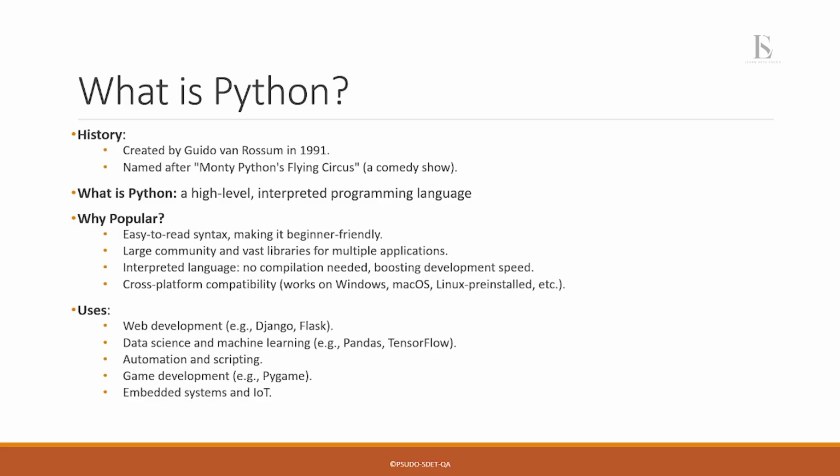And there is a different category of language, which is the compiler. So there are two things: one is interpreted language, the other is compiled language. Compiled languages like C++ require a compiler to translate the entire code into machine language before execution. On the other hand, interpreted languages execute the code line by line.